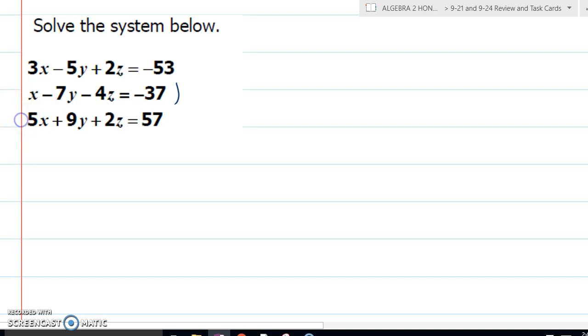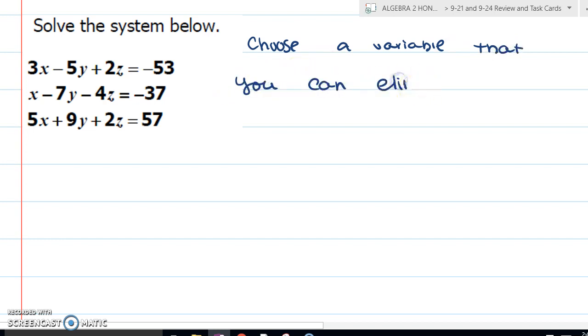But remember that when you choose a variable to eliminate, choose a variable that you can eliminate twice. And what we mean by that is that I see 2 different ways to eliminate it. So let's choose that we're going to eliminate x.